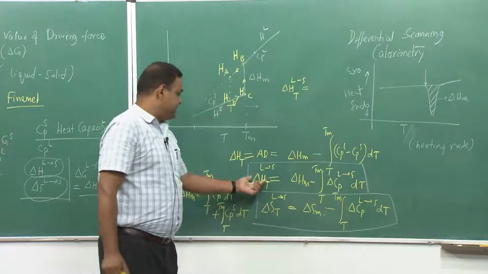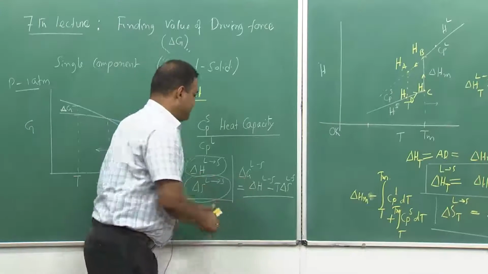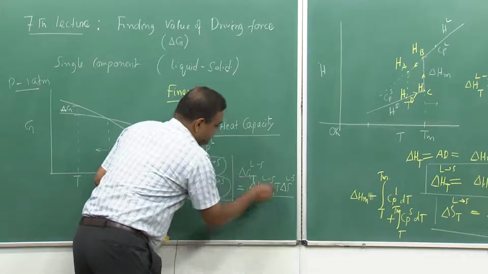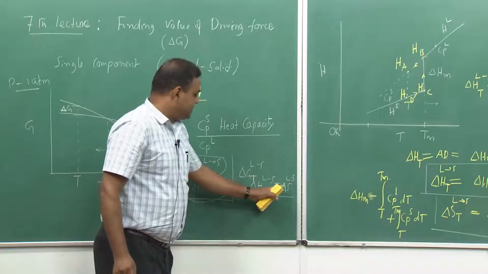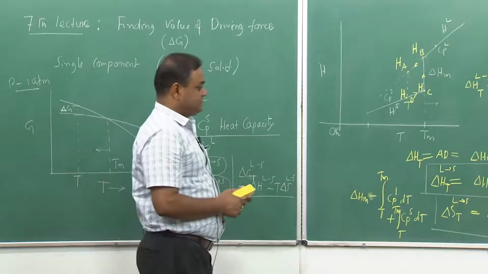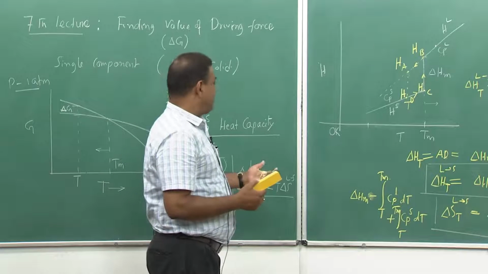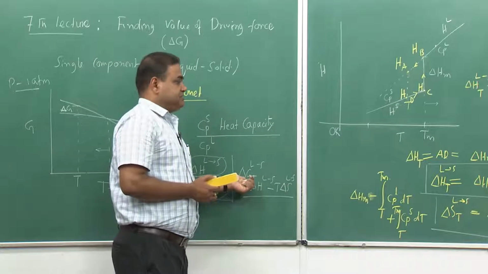So I get these two parameters. Here I just replace those del H and del S terms, and T I know, where I would like to do my experiment, and where I would like to find out the driving force, which is the free energy difference.